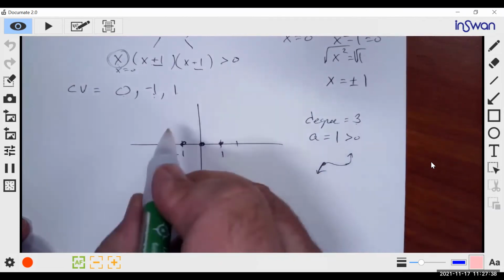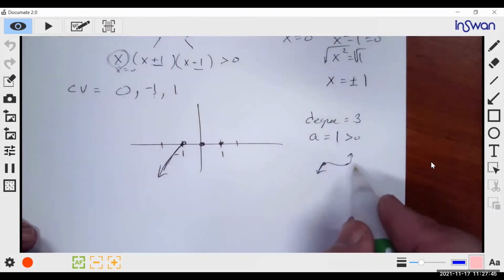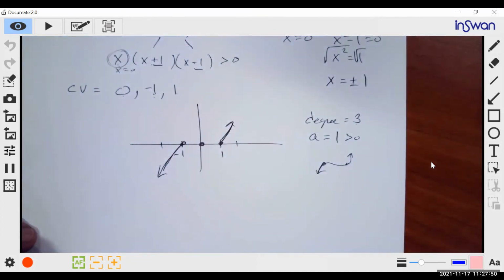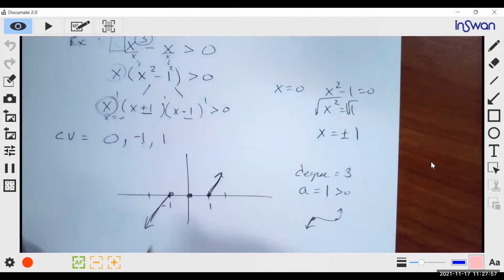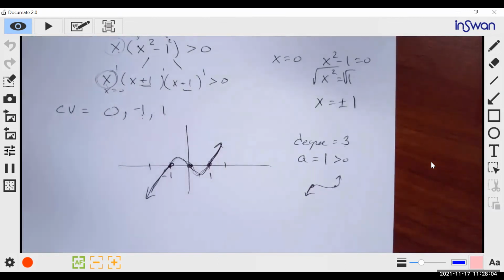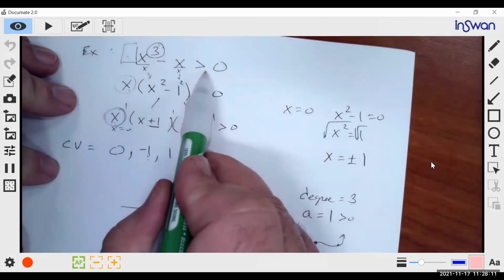From the left endpoint, our graph will go down. At the right endpoint, the graph will go up. Because the multiplicities are all 1, they all cross. You see how we're putting everything we've been discussing together, it builds it for us.